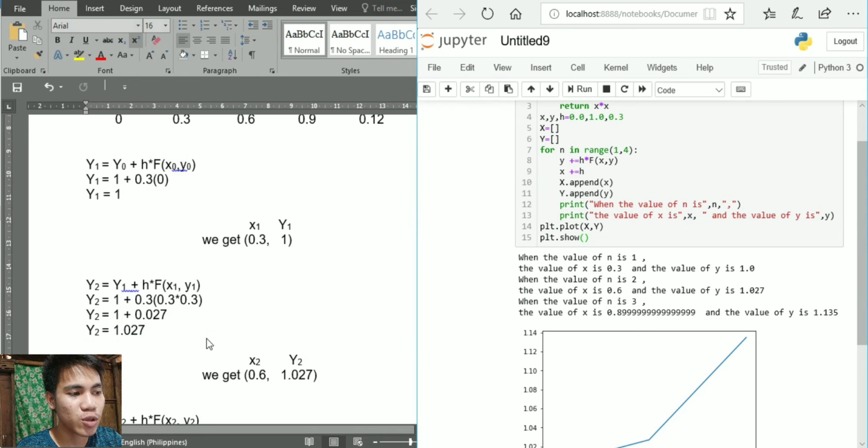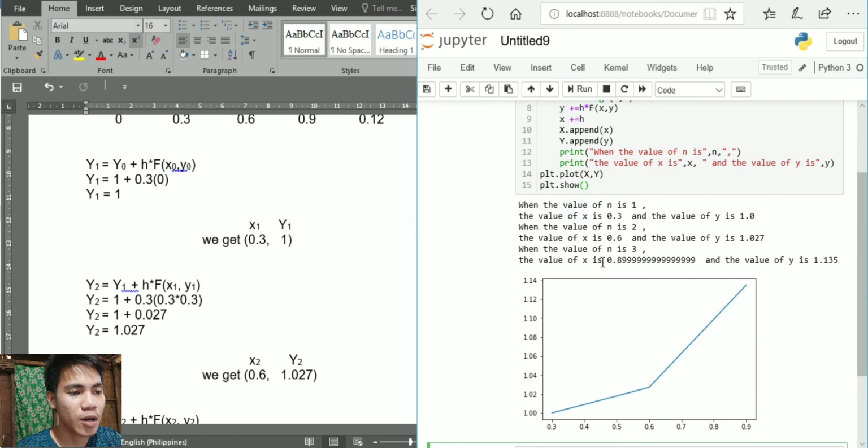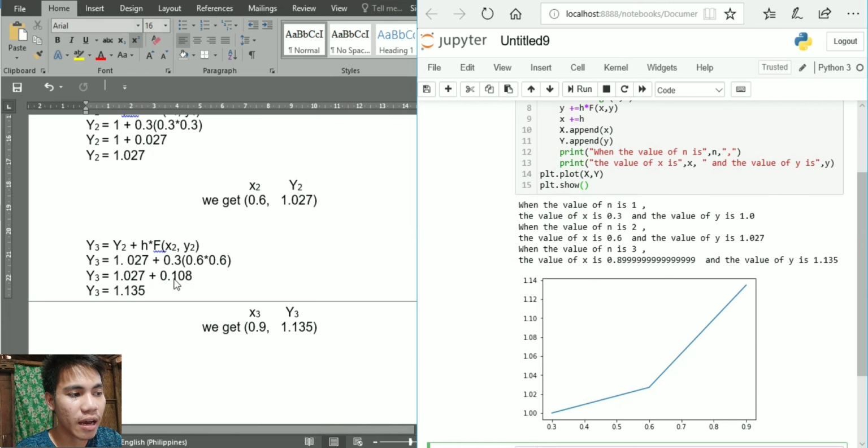When the value of n is 2, the value of x is 0.6 and the value of y is 1.027. When the value of n is 3, the value of x sub 3 is 0.89999. When you round it off, it will be 0.9, and the value of y is 1.135.